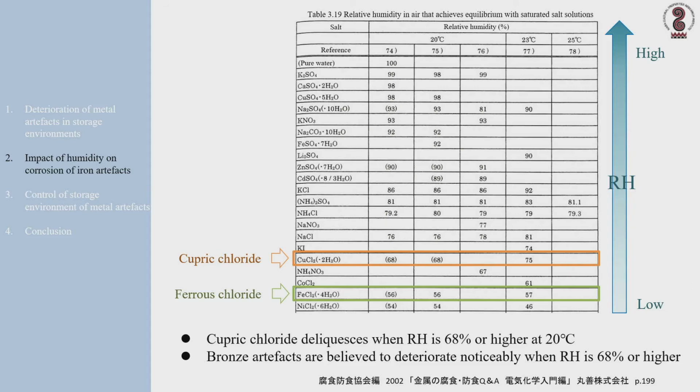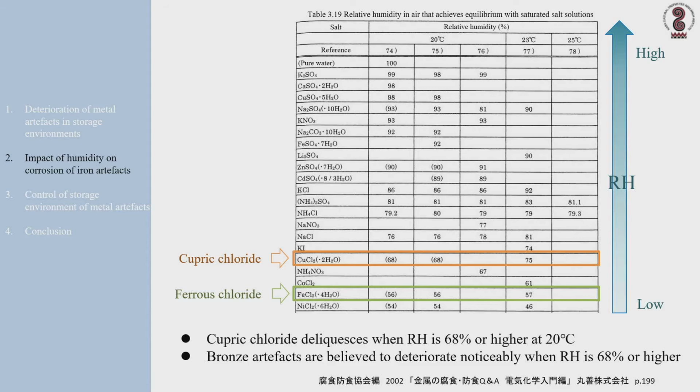The table on the slide shows the relative humidity in air in equilibrium with saturated salt solutions. Salts deliquesce at a humidity higher than the relative humidity provided in this table. For information, the iron chloride we have been looking at deliquesces at a relative humidity of 56% or higher.